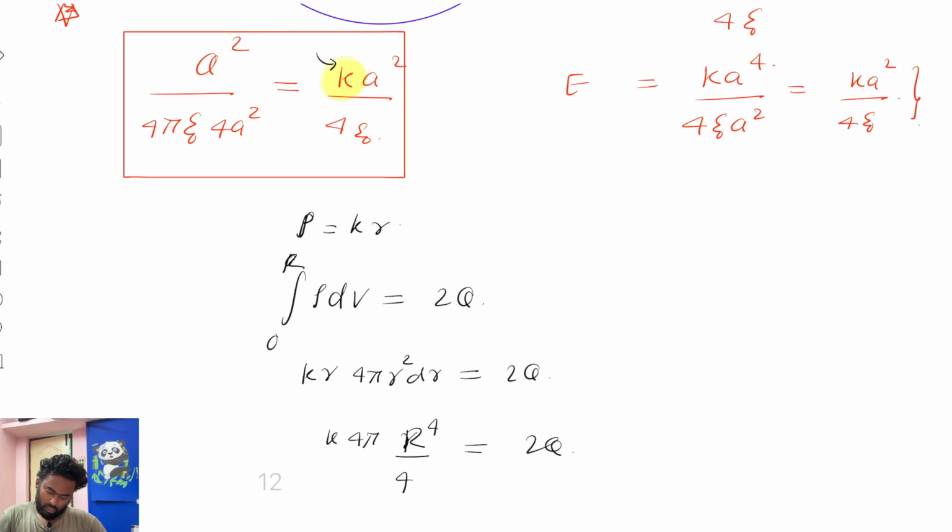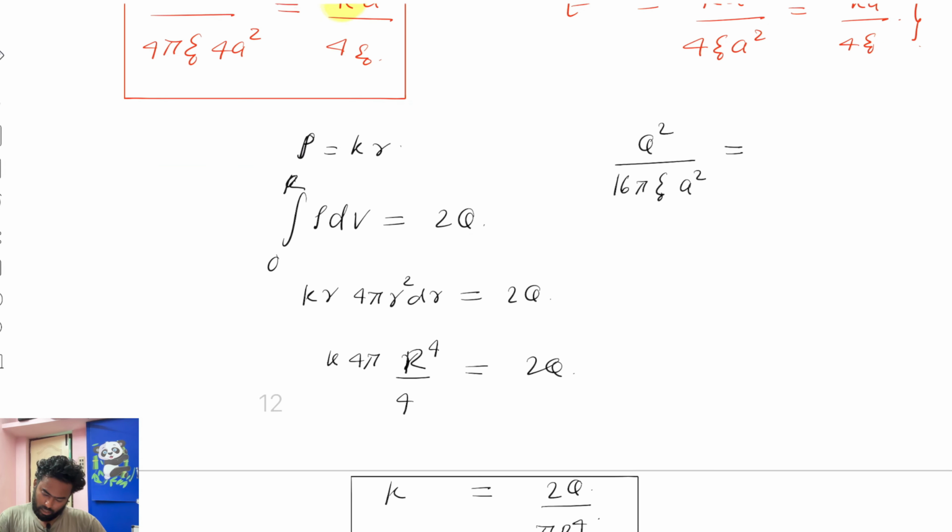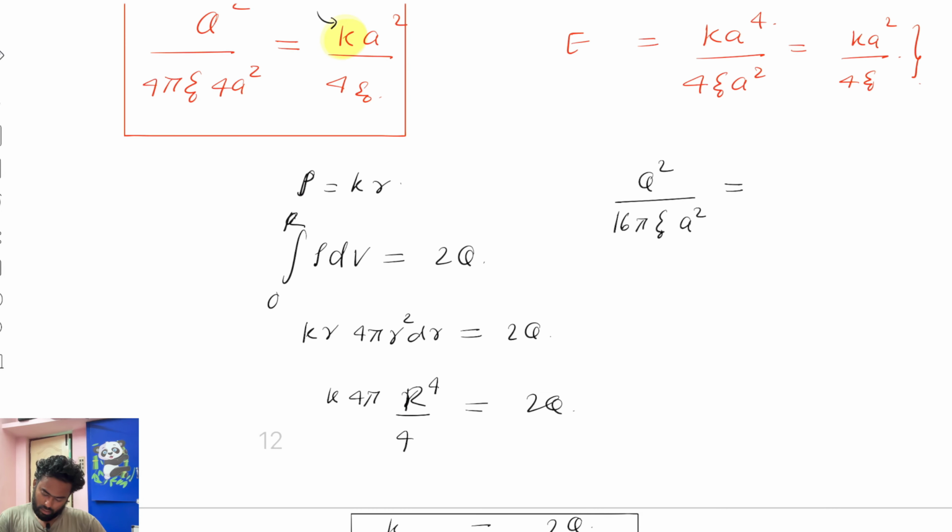Now putting it back in this equation, q square upon 16 pi epsilon naught a square will be equal to the k value. So the k value will be 2q upon pi R power 4 into a square upon 4 epsilon naught.